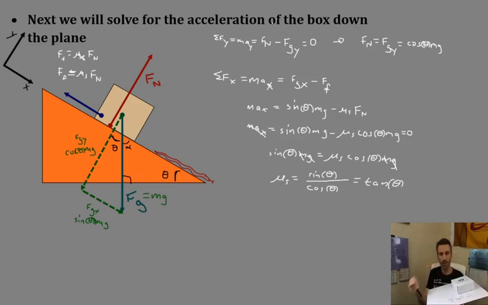And at that moment, we'll be at a point where the coefficient of static friction is, it's breaking free. And so this is actually a way to figure out what the coefficient of static friction is, okay?